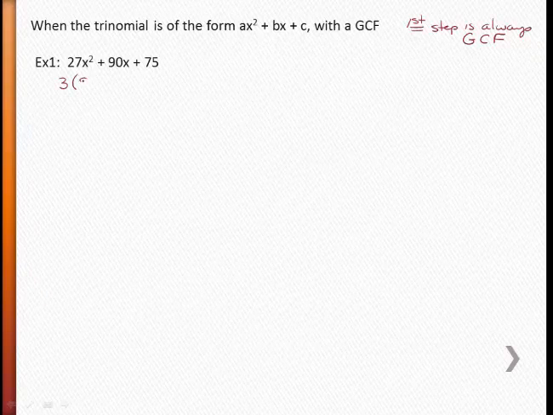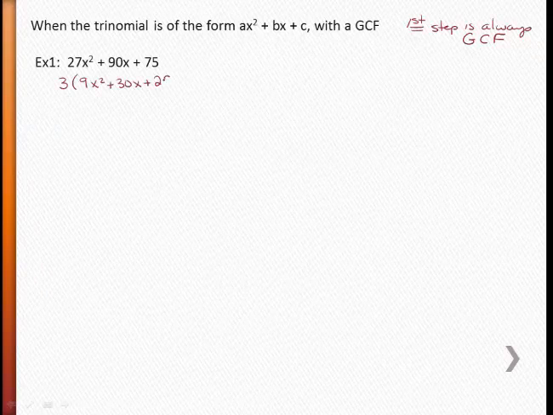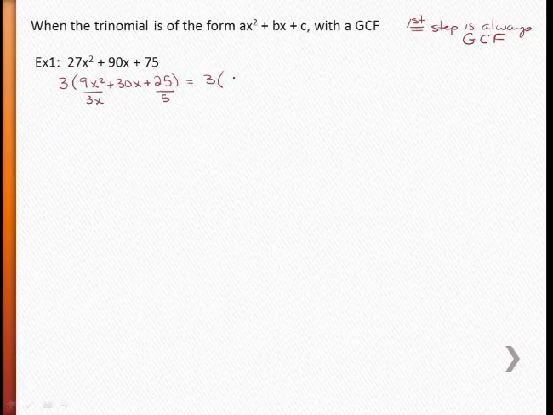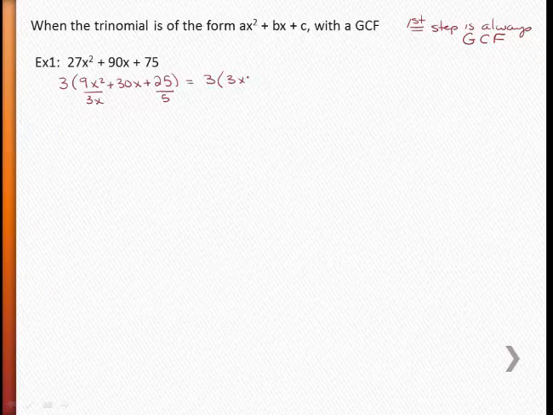So when I take out the 3, I see that I have 2 perfect squares. So I take the square root of each of these. 3 times 5 is 15, times 2 is 30. So now I know it's a perfect square trinomial. So this is going to be 3 times 3x plus 5 squared.